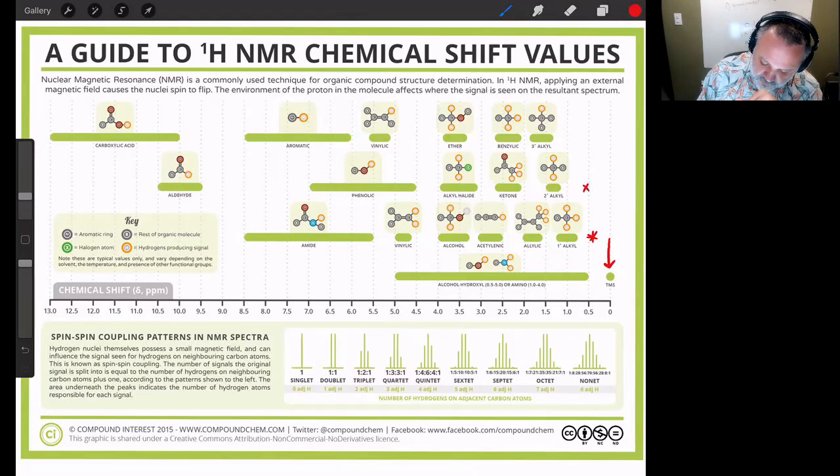And right here. It's in this 1 to 2 parts per million range. And again, it's up here as well. All of the tertiary, secondary, and primary alkyl hydrogens will appear in this range, as well as allylic hydrogens.